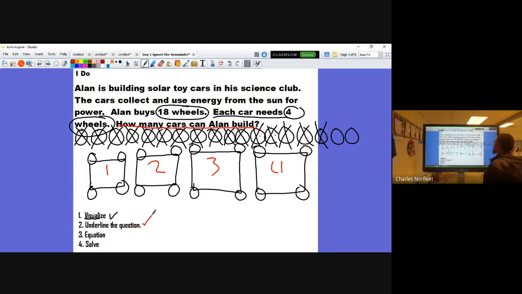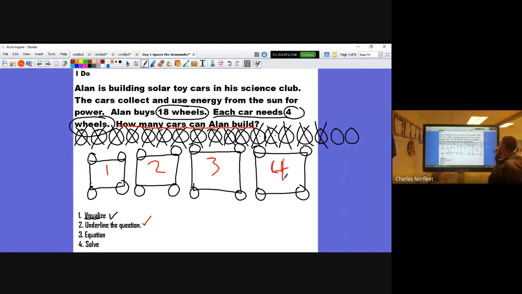So before we even do the equation, we can look and see how many cars we built already. So we have 1 car, 2 cars, 3 cars, 4 cars that we built from the visualizing step. But the next step is the equation.